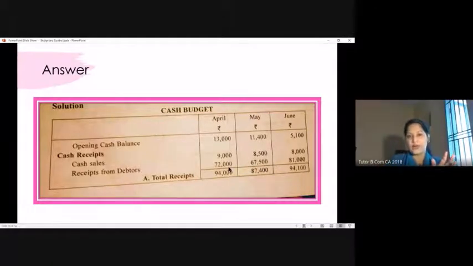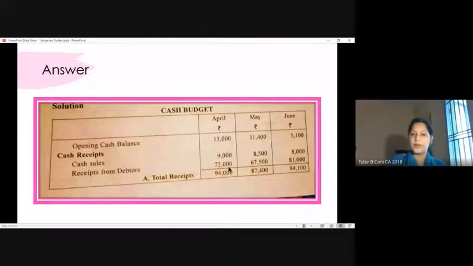April's sales are going to be received in June. So likewise, we need to take care of this aspect, because it is said in the question that receipts come after 2 months, and the payment with respect to purchases happens after 1 month. Okay, that's it with respect to the receipts.